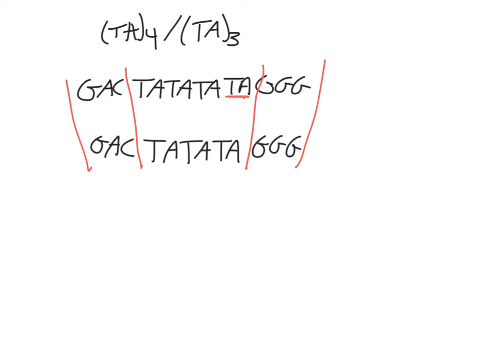So what we were doing in class today was I had said that there's a GAC, and then they're heterozygous. The brackets don't mean anything. I'm just using them to separate the unique sequence from the microsatellites. And then there's GGG. So these two are equivalent molecules.